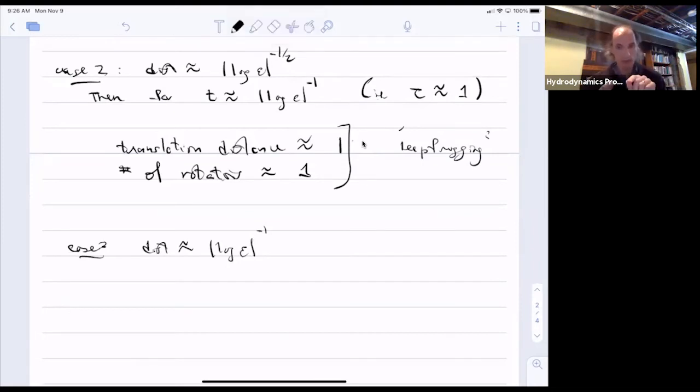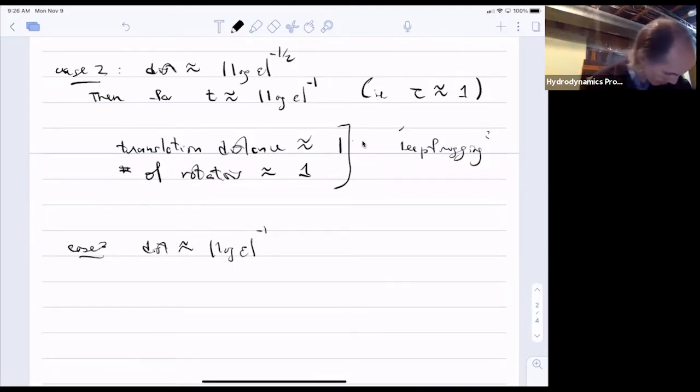Here the translational velocity is 1 over log epsilon, and the rotational velocity is 1 over log epsilon. So this is where the 2 things are of the same order of magnitude. You'll see both translation and rotation, but in times of order 1 over log epsilon squared, I guess, you'll see order 1 rotations and a small translation.